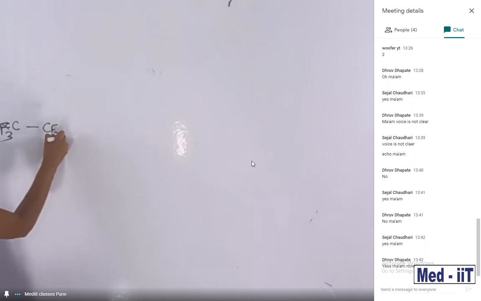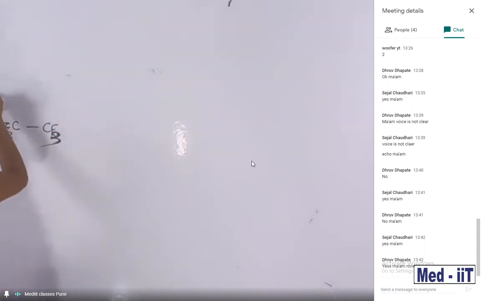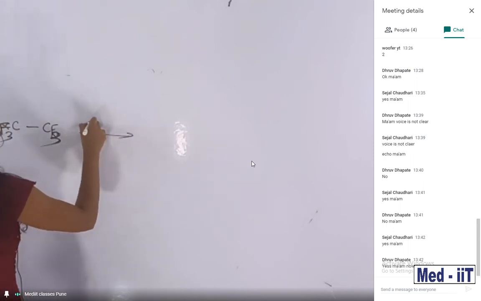Let's do an example of E1CB. Suppose in place of X, fluorine, so CF3, CF2, sorry, CF3 with CF2H, is in the presence of a base.